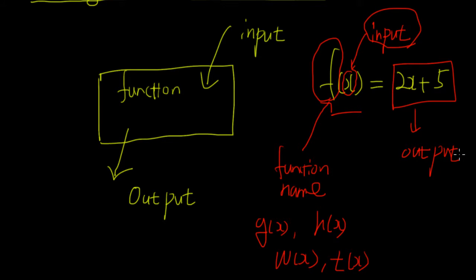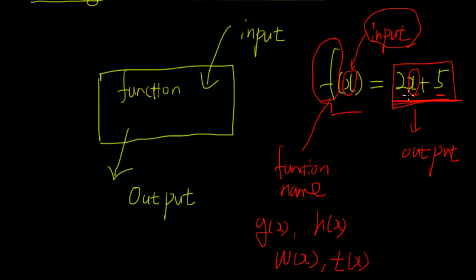In the beginning, I was kind of confused. I can understand this is a name and this is an input value, but why is this the output? Well, think about this. If x goes in, what is it saying here? That x is going to be multiplied by 2, and then to that result, we're going to add 5.